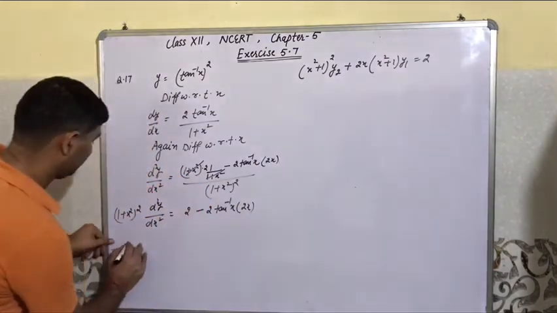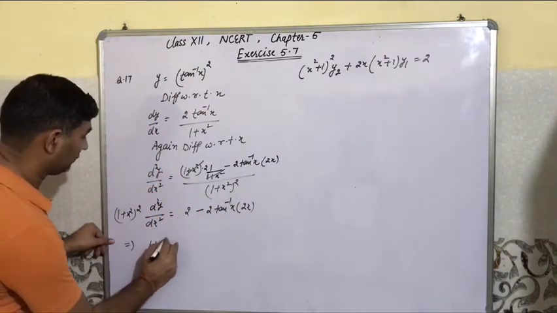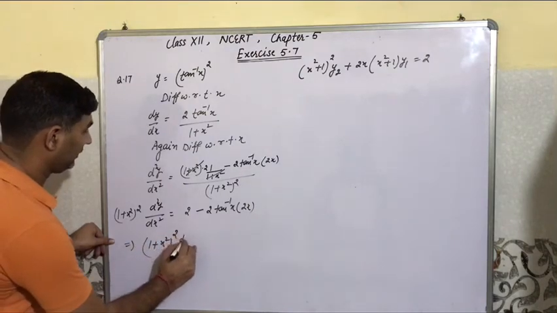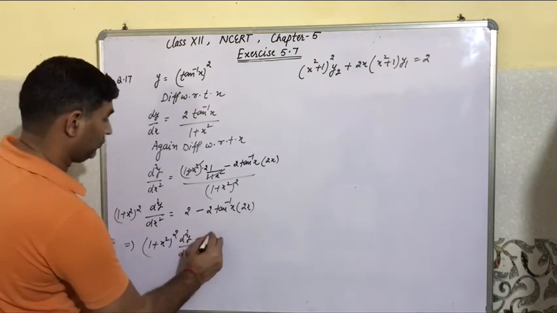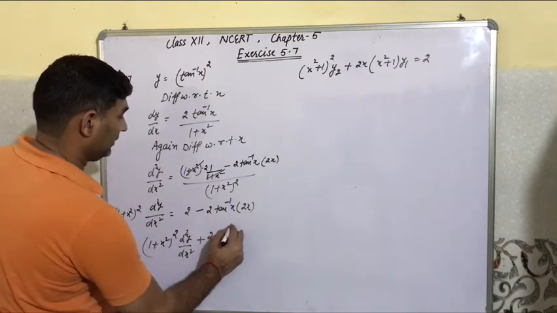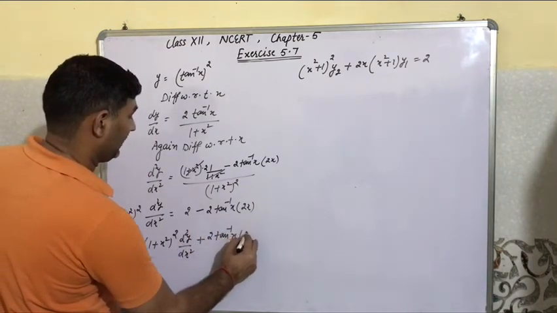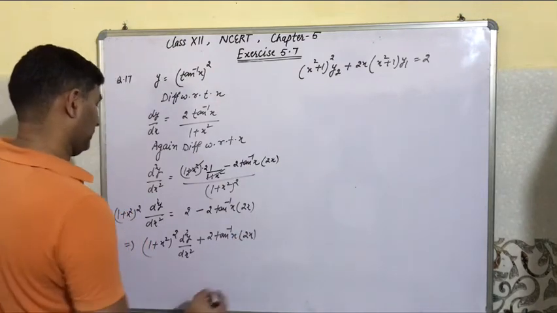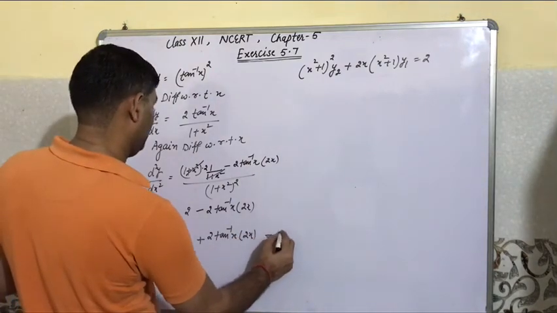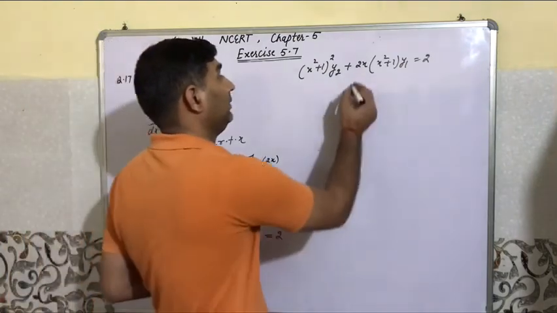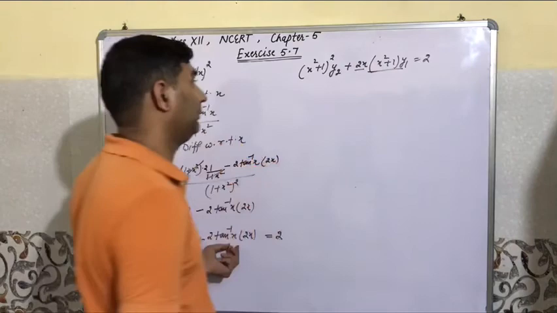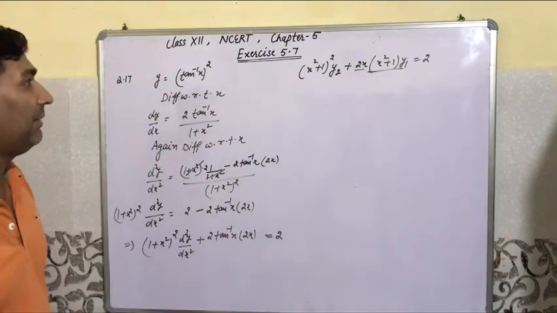That implies 1 plus x square and their square and d square y upon dx square, and this term is plus 2 tangent inverse x into 2x is equal to 2. This value is 2 tangent inverse x and 2x, but 2x के बाद तो हमारे पास term है x square plus 1 and dy by dx.